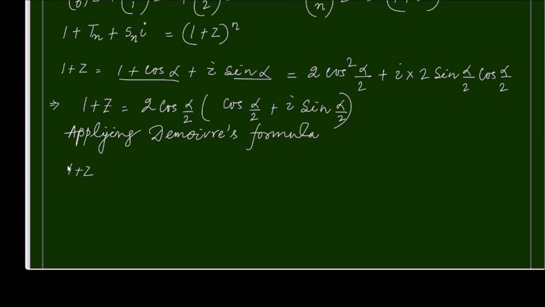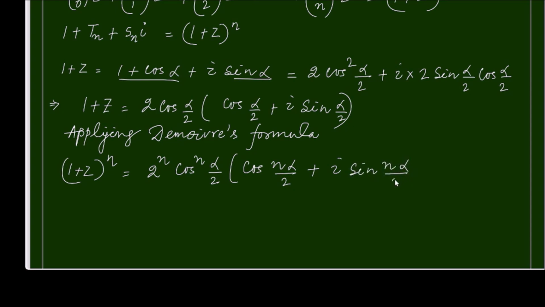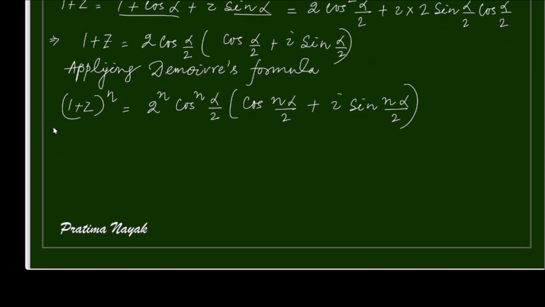1 plus z power n will be 2 power n, and cos alpha by 2 power n, so cos n alpha by 2 plus I sin n alpha by 2. So 1 plus z power n is equals to 2 power n cos alpha by 2.